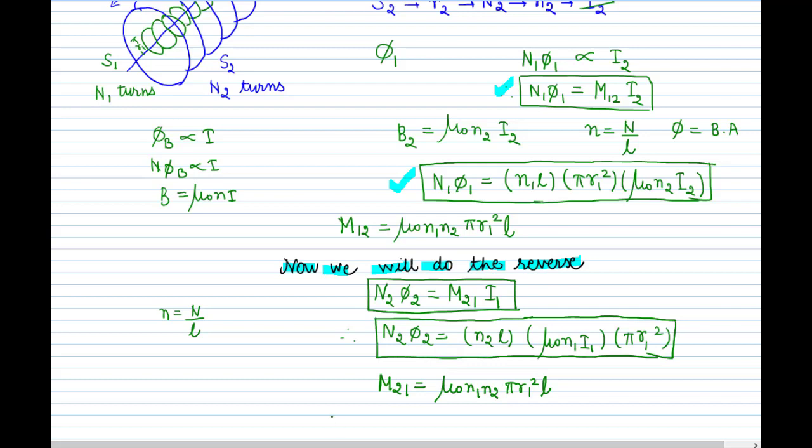So from these two we can say M12 is equal to M21 is equal to M, because both are the same, as we derived the formula. Commonly we call them capital M, the mutual inductance.